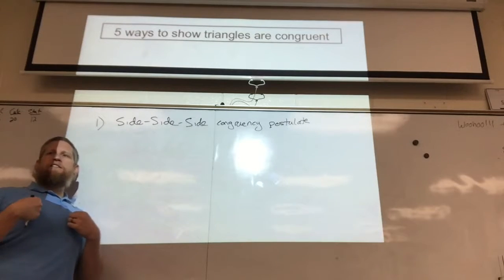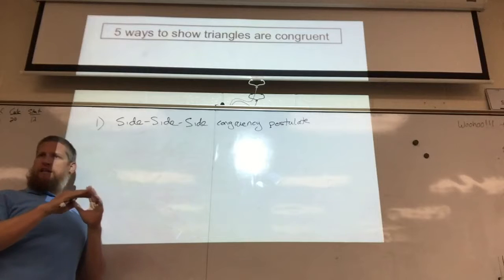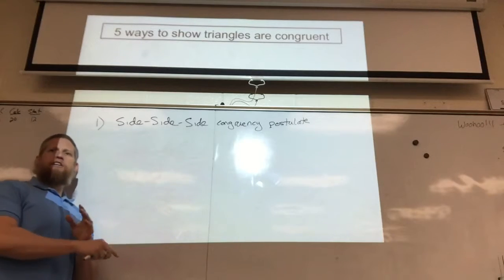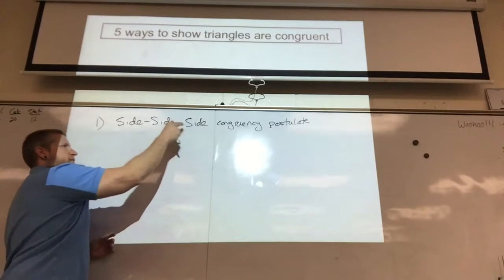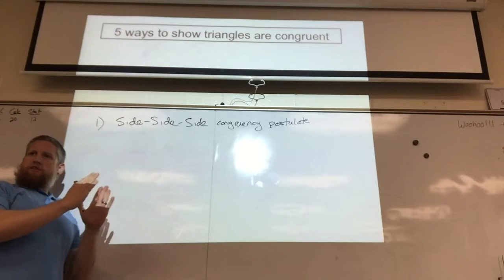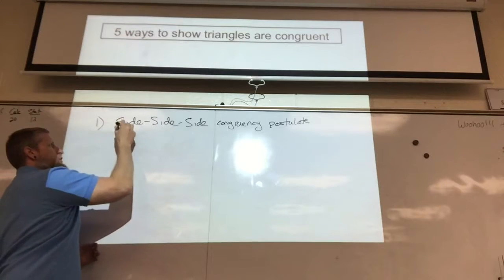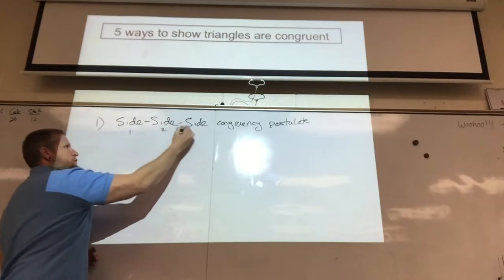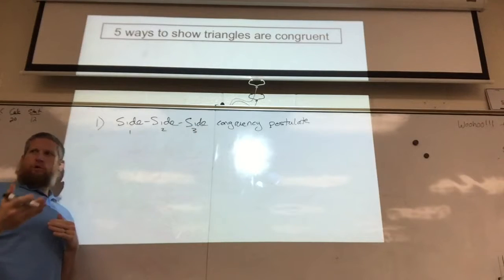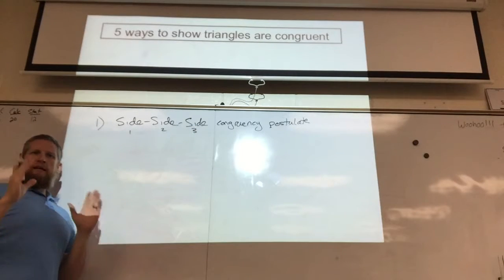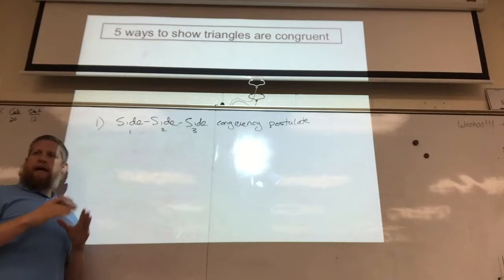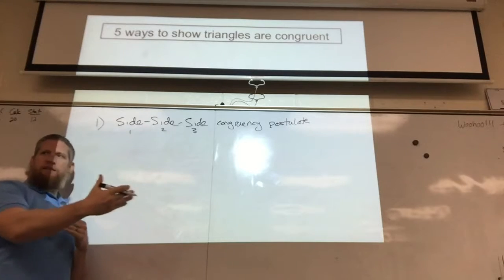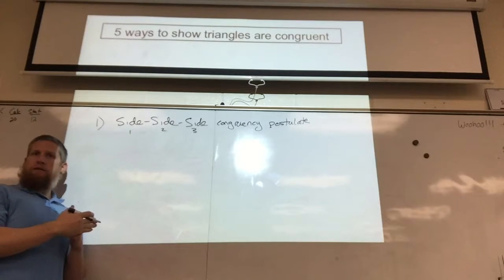The way these things are worded, the title of these is telling you that when they say side, side, side, you need 1, 2, 3 pairs of corresponding sides that are congruent. I don't need to know anything about the angles, which again goes against the definition of congruency.